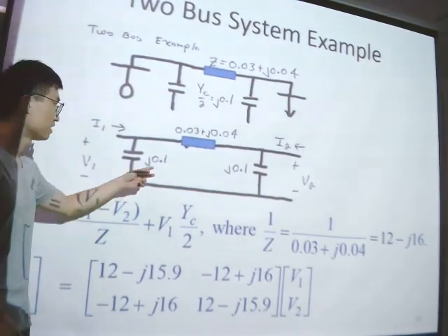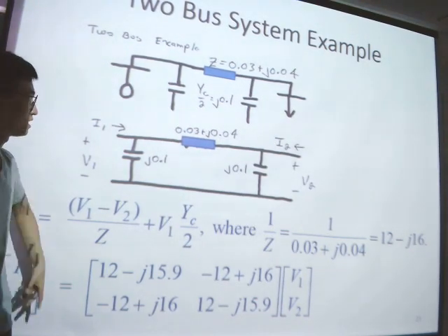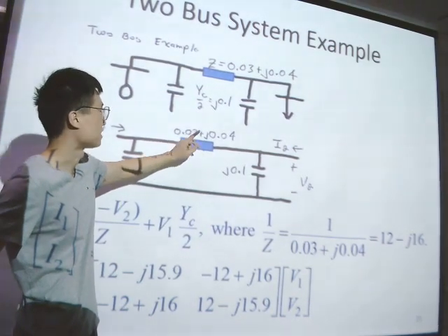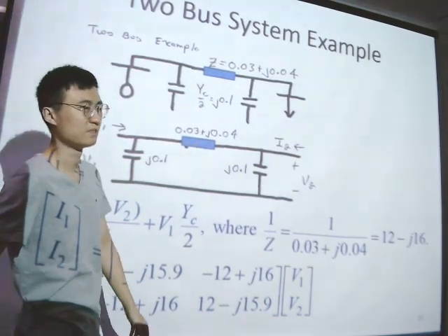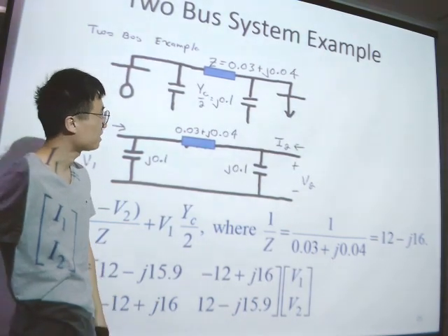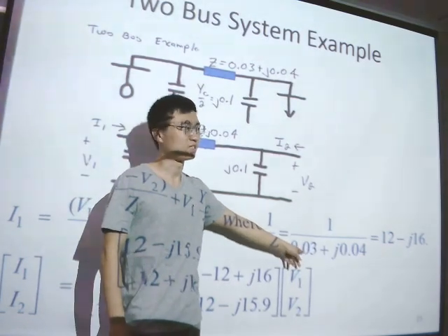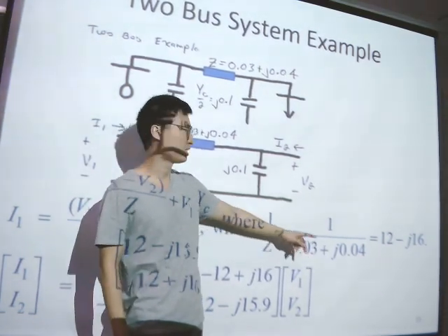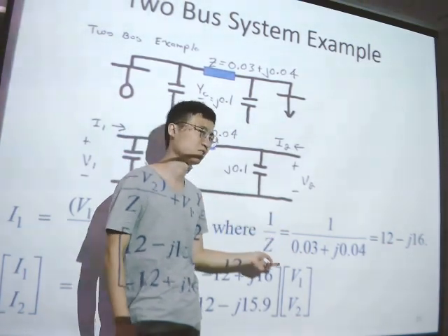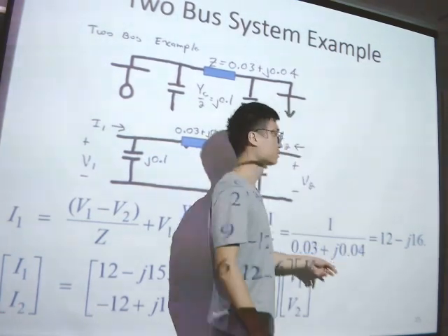Please do pay attention that this is the impedance, okay? That is not the admittance. So if you are doing your homework or your examinations, do pay attention that you need to take the inverse or the reciprocal of this impedance Z first before you start your calculations, okay?